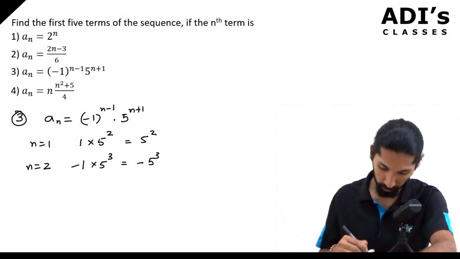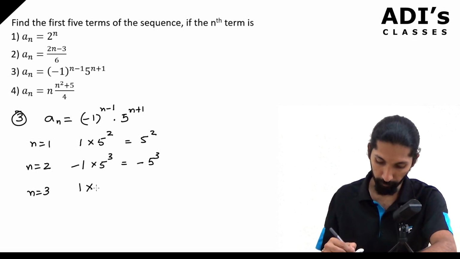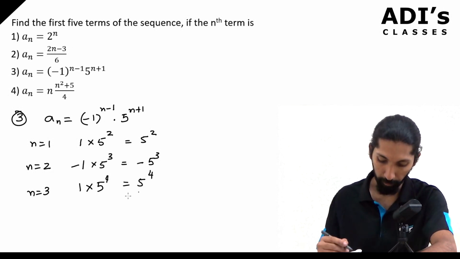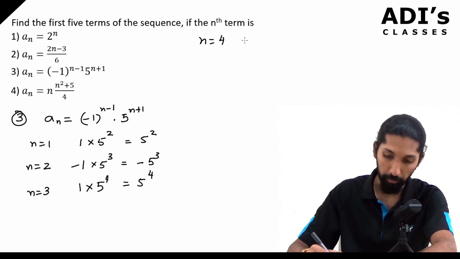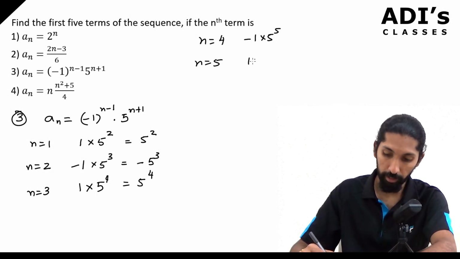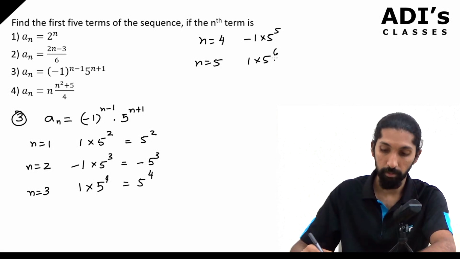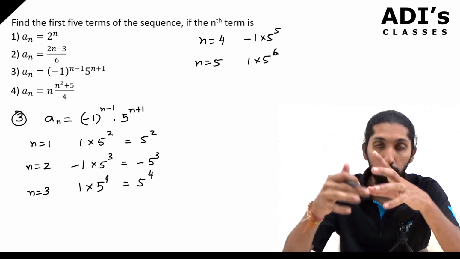Next, n is equal to 3: 1 into 5 to the power 4. That's plus 5 power 4. Next, take n is equal to 4: you're going to get minus 1 into 5 to the power 5. n is equal to 5: 1 into 5 power 6. You need not multiply because the numbers are going to become too big.